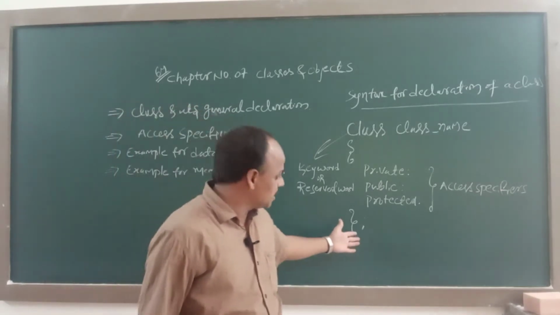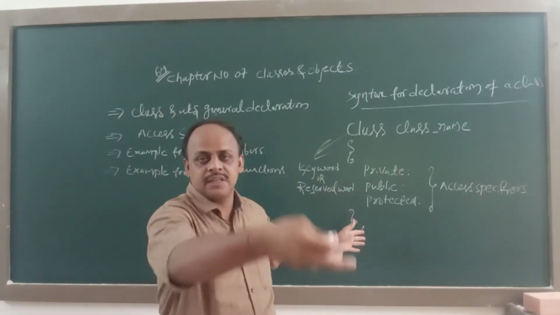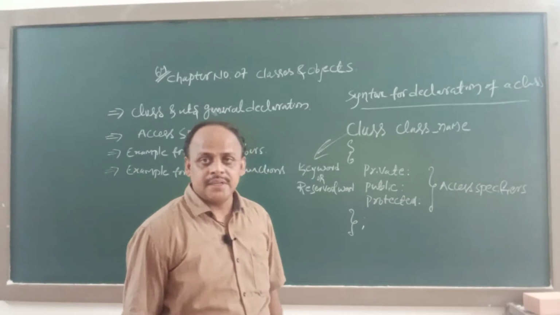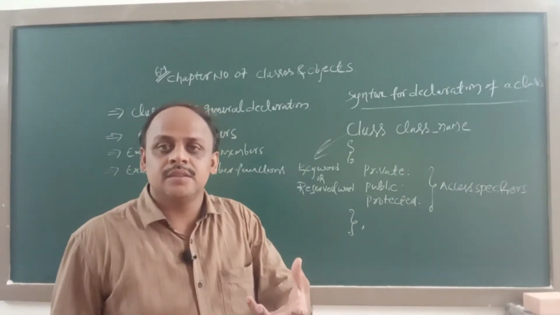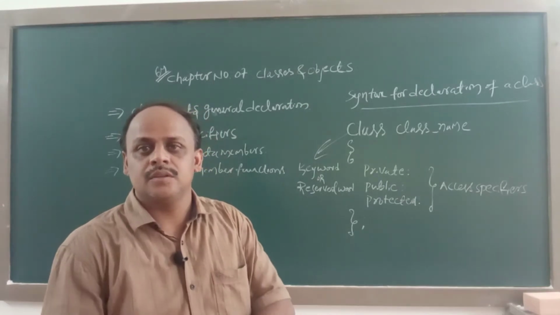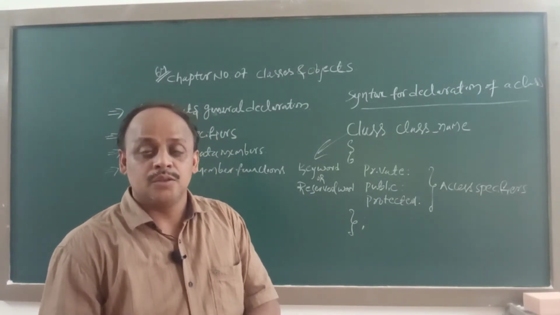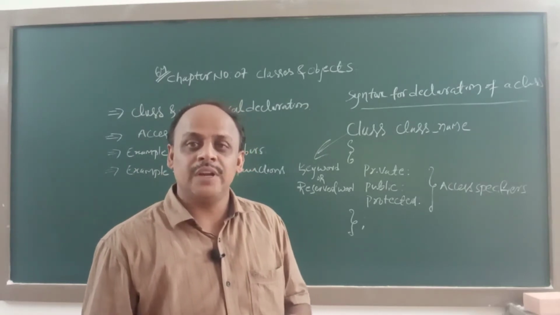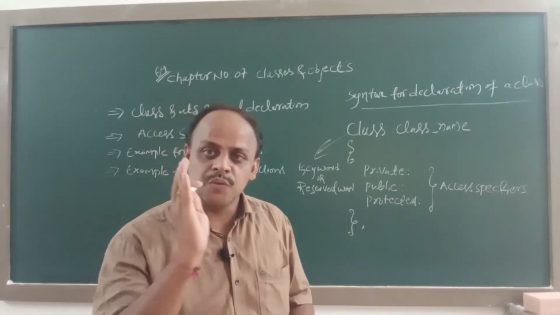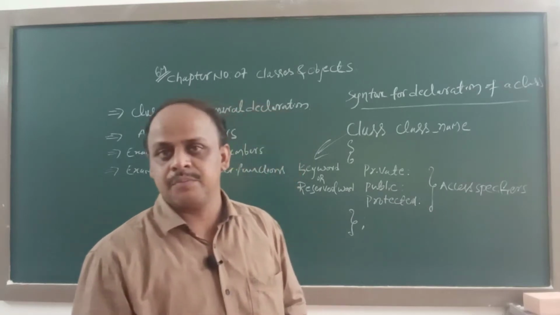Here the object declaration is not there, it comes next. But the objects we declare for the class are the class variables, right? When we declare variables, those variables must have a data type, right?